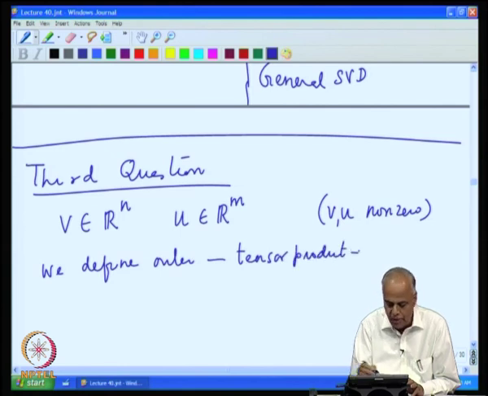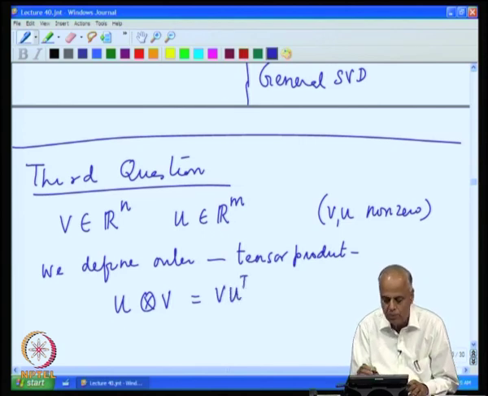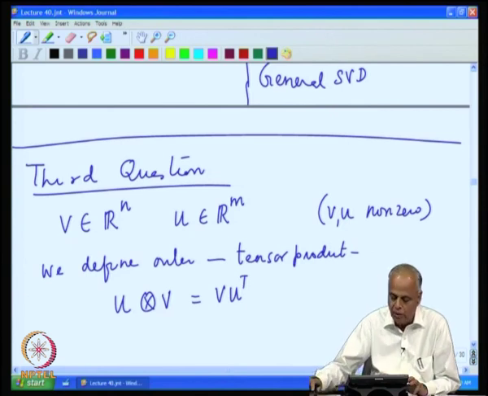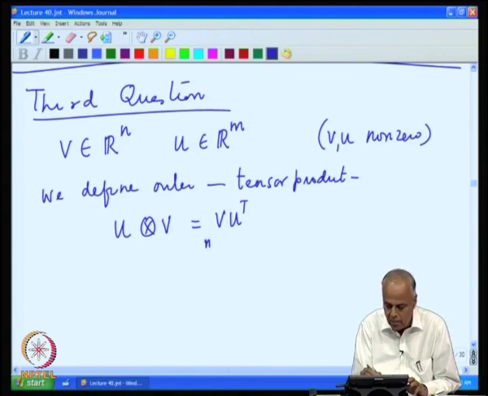We shall define it as follows: u tensor v to be the matrix v u transpose. In that case, v is n by 1 and u is m by 1. So, we get an n by m matrix.